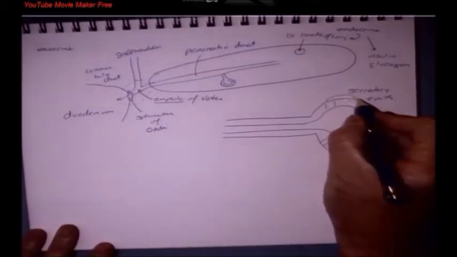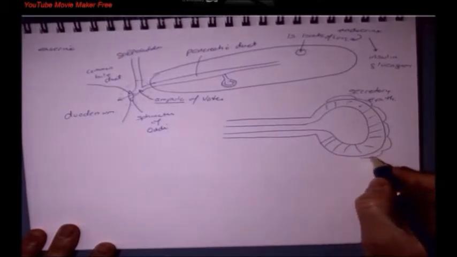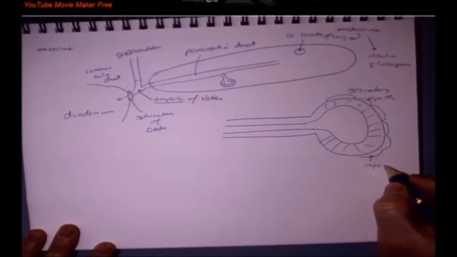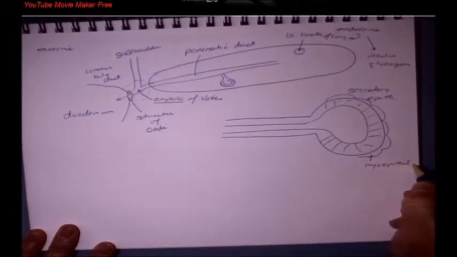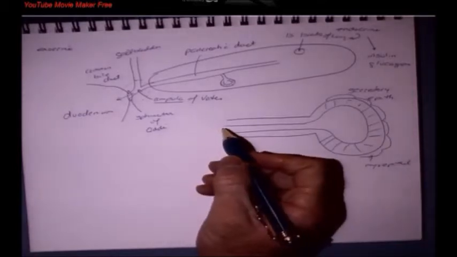On the outside of this acinar unit, just like the salivary glands, you have myoepithelial cells, and these have a contractile function. So you can imagine that we're going to be able to stimulate this so that we can squeeze that acinar unit and eject the material into the duct at the appropriate time.